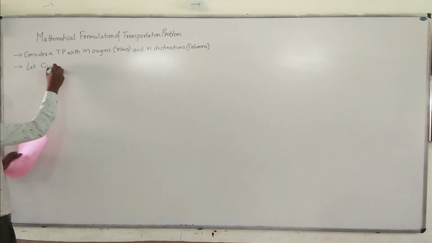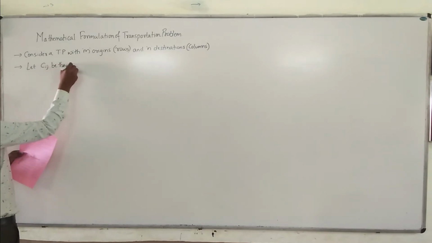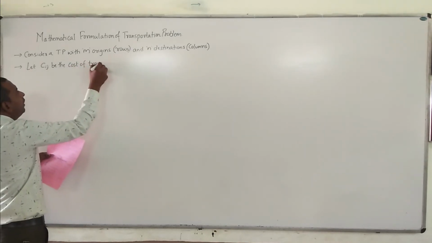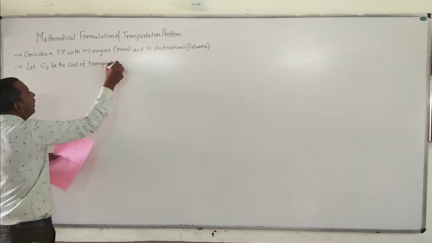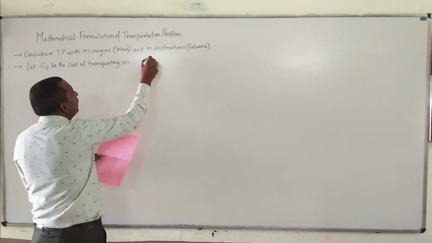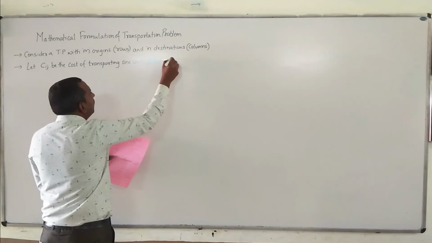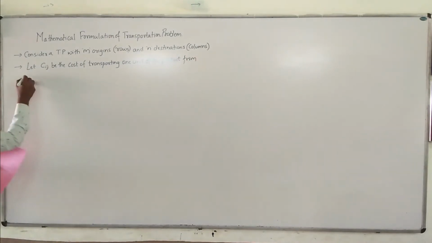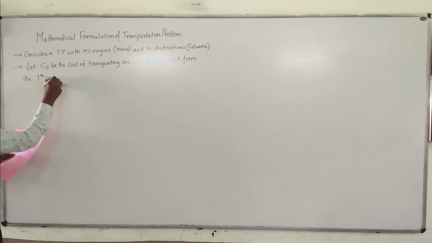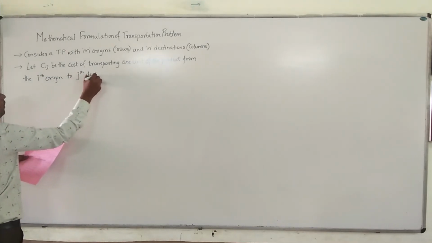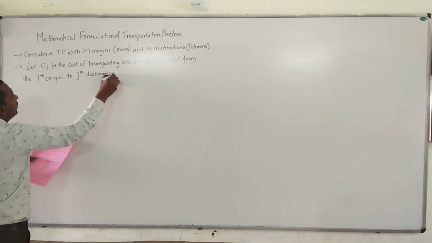Cij be the cost of transporting one unit of the product from the ith origin to the jth destination.